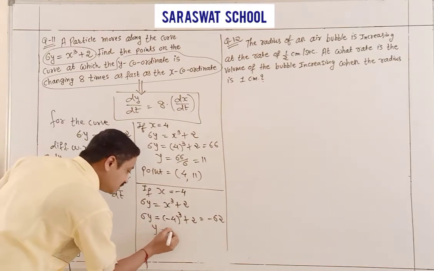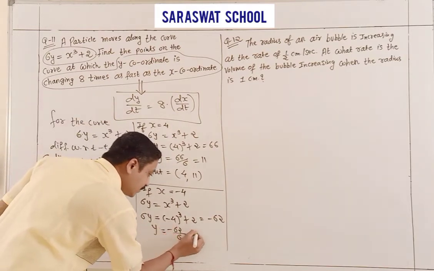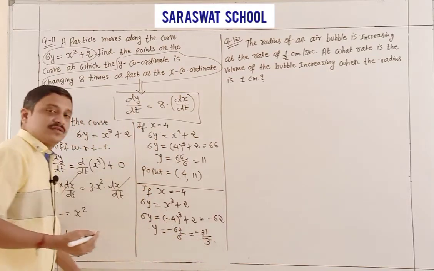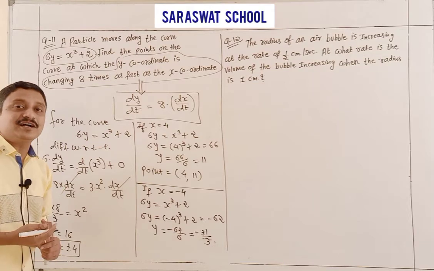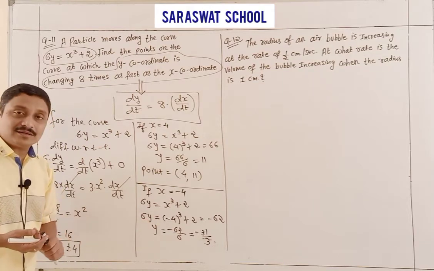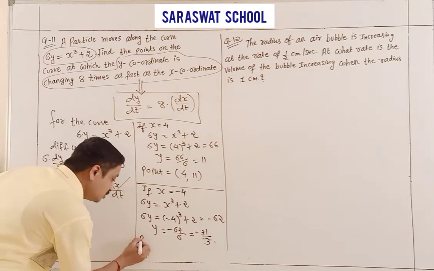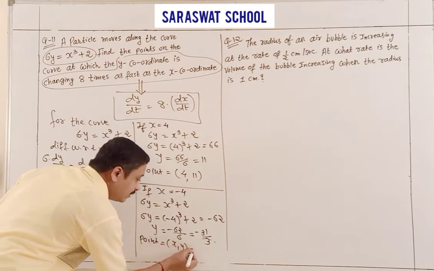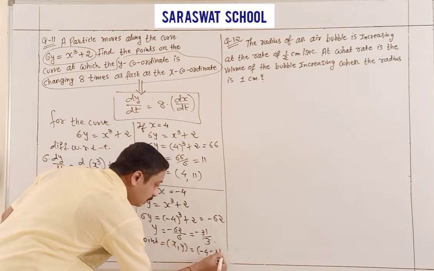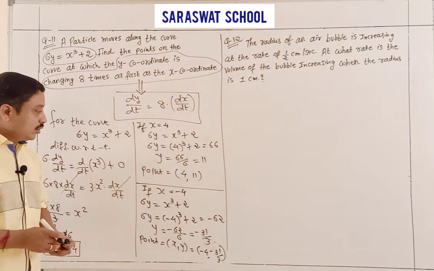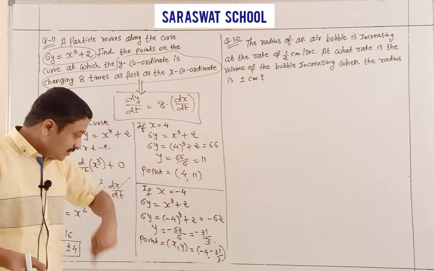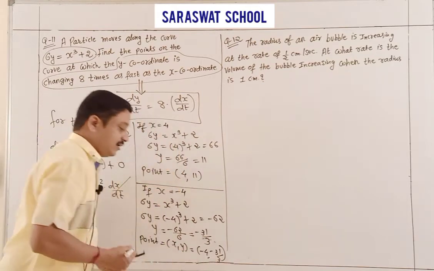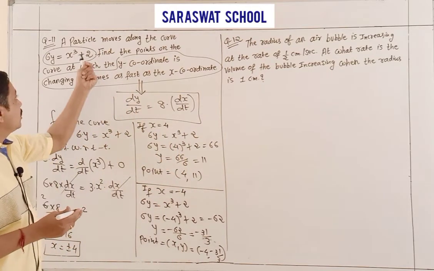So my answer is minus 62 by 6, which is minus 31 by 3. So this point is also ready on the curve: x comma y is minus 4 comma minus 31 by 3. So one point is that, second is this, and both answers are clearly known on the curve.